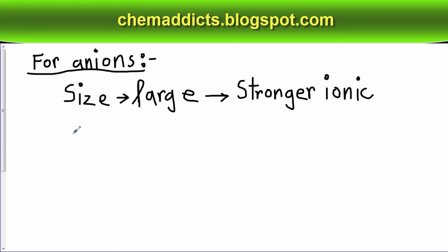There will be a stronger attraction between the nucleus and the outermost valence electrons. So this will result in stronger ionic character, since the anion's electron cloud won't be distorted by the cations.